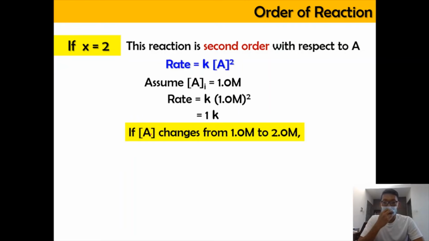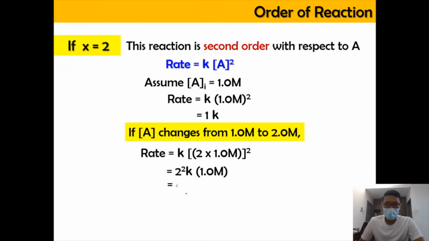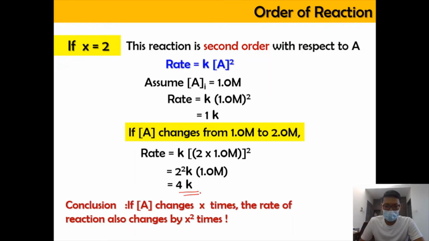And if you were to change the concentration from 1 to 2, we can see that the rate has now become 4K. And hence, we can say that if the concentration of A changes by X times, where here it is double, which is 2 times, the rate of the reaction also changes by X squared times, where here 2 squared is equal to changing by 4 times.